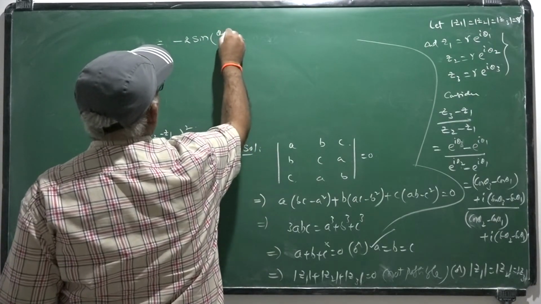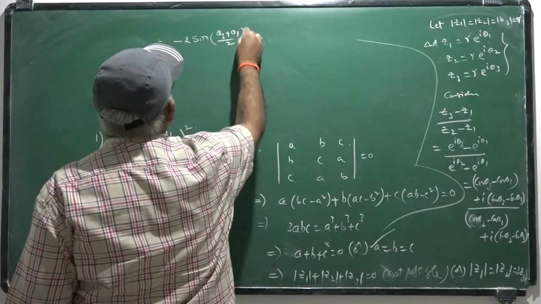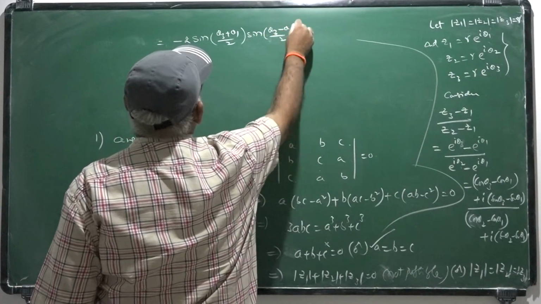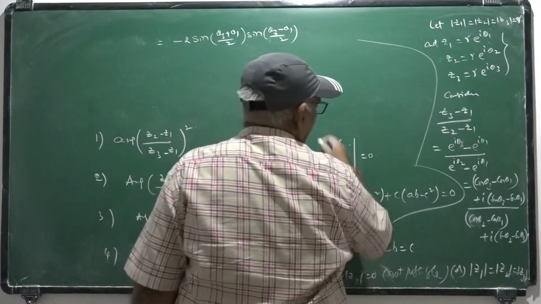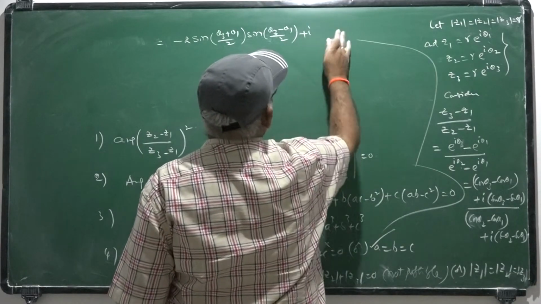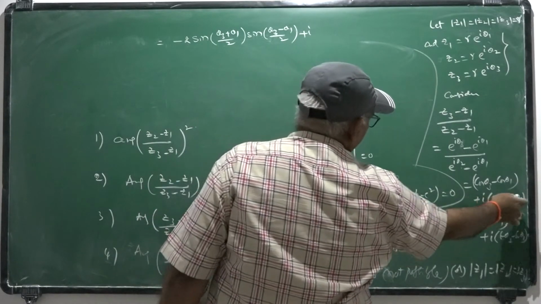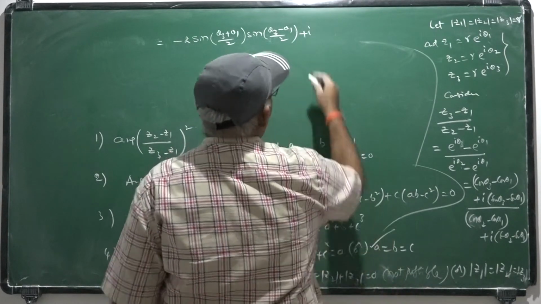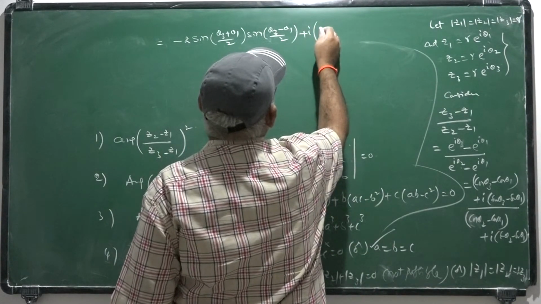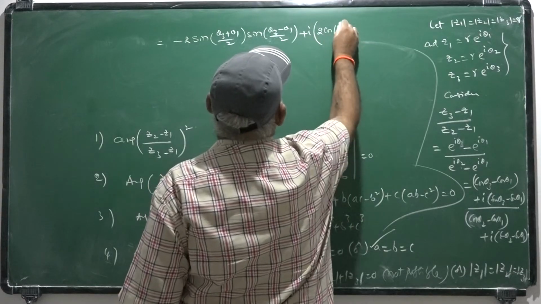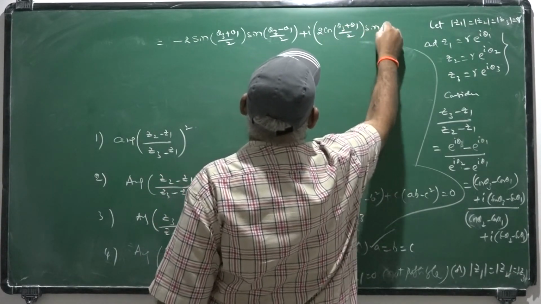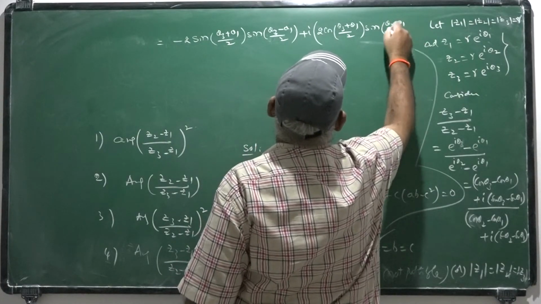That is, minus 2 sin of (theta 3 plus theta 1) by 2 sin of (theta 3 minus theta 1) by 2 plus i into 2 cos of (theta 3 plus theta 1) by 2 sin of (theta 3 minus theta 1) by 2.